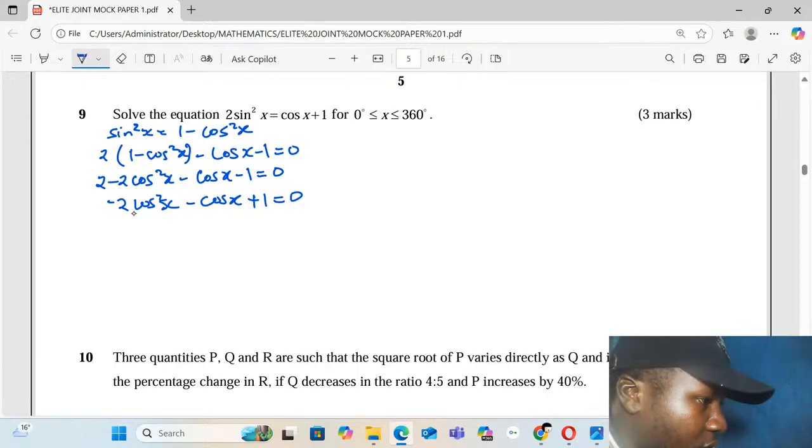So as we continue, we now need to remove this negative 2 so that we have a positive 2 cos squared x, so that we shall change the signs.